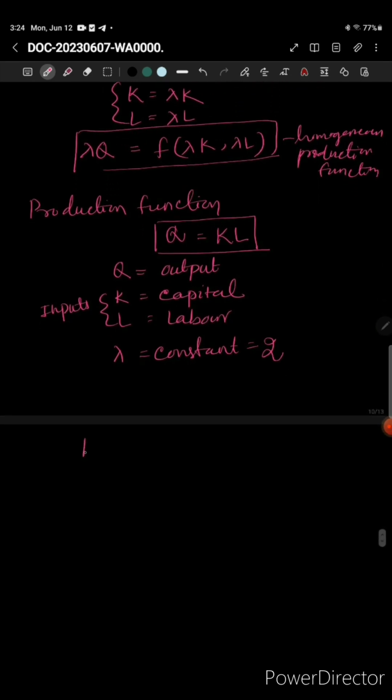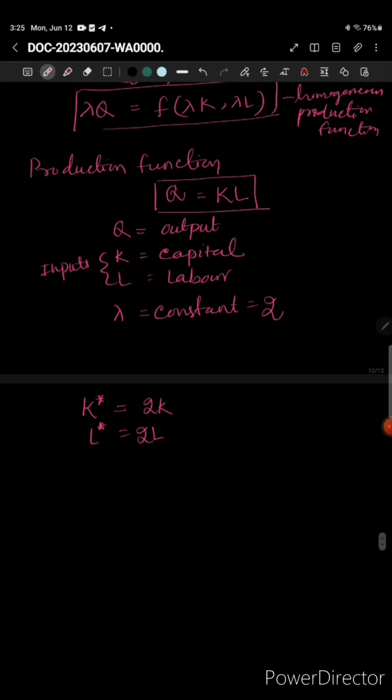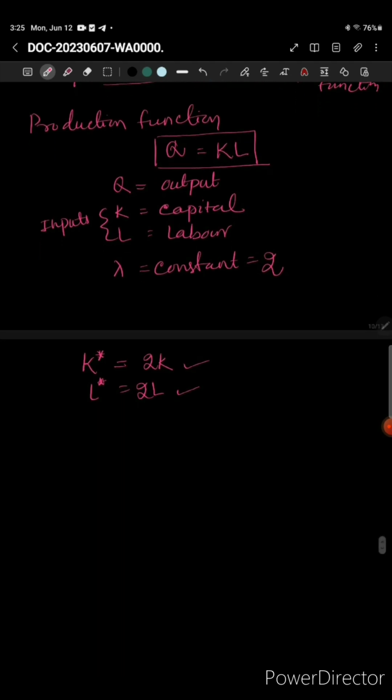That means new capital K star equals 2K, and new labor L star equals 2L. We have increased the capital by 2 times, that is 2K, and the labor by 2 times, that is 2L. So automatically the new output will be Q star.